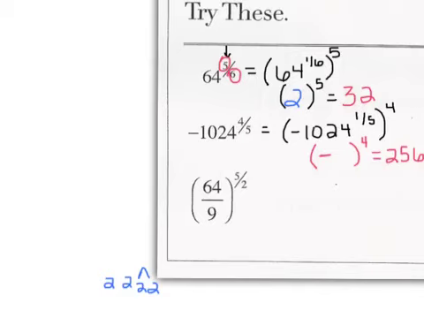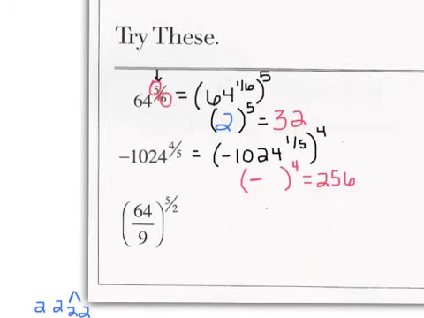Okay? Let's try one more. Let's see if we can do this one. We might be able to do this without the factor trees. We'll see. Okay, so for this next one, remember we're going to deal with the top and the bottom of the fraction separately.